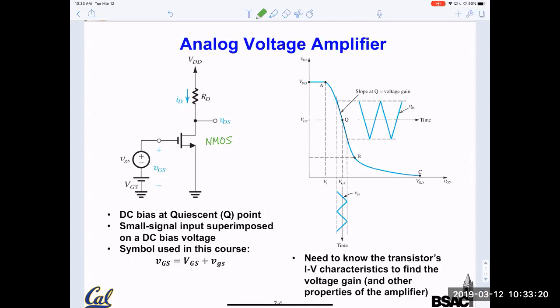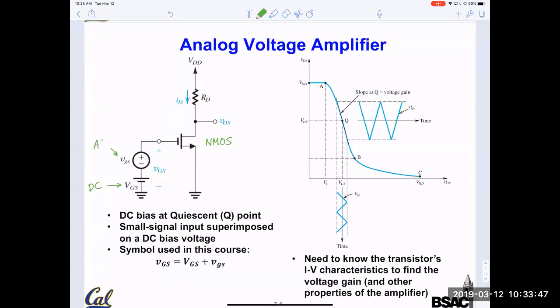And we can picture how it works qualitatively. We will bias the transistor at some DC bias, capital V, capital G, capital S. This usually means it's a DC bias, okay? Small signal, all lowercase v, g, s, these are AC small signals.